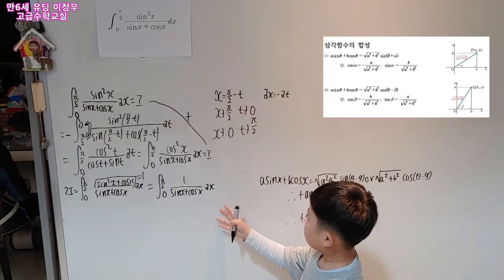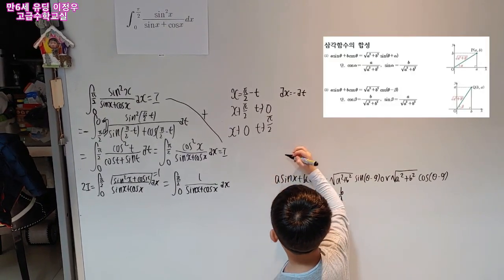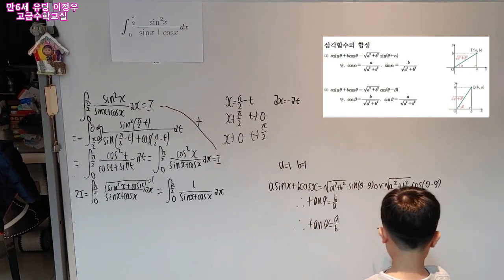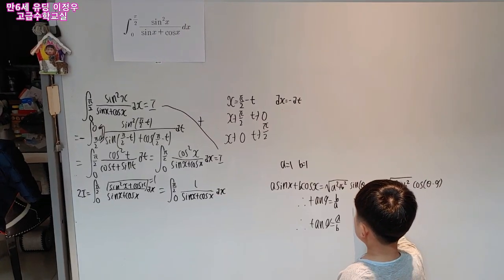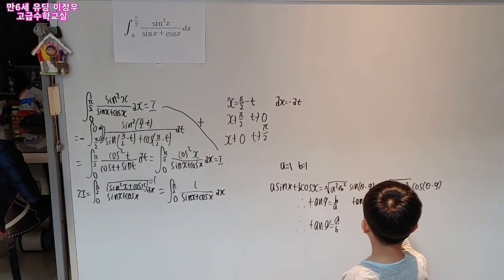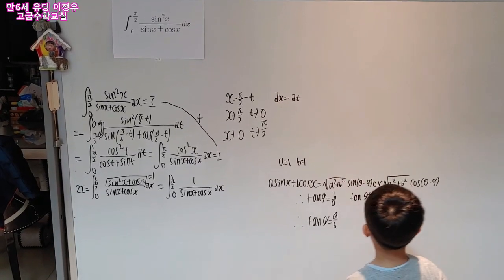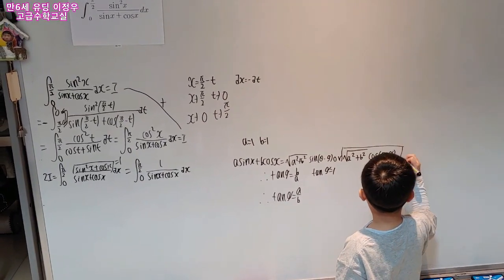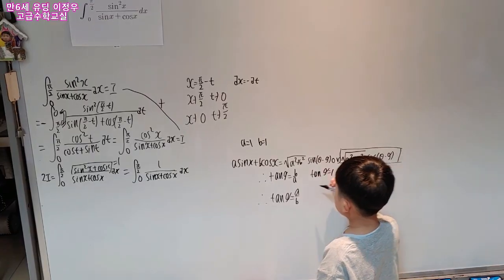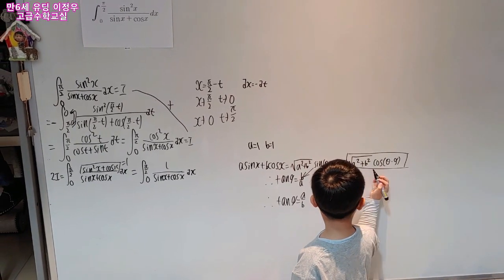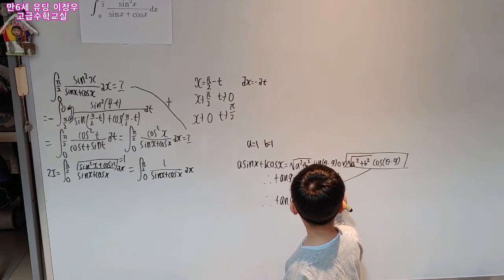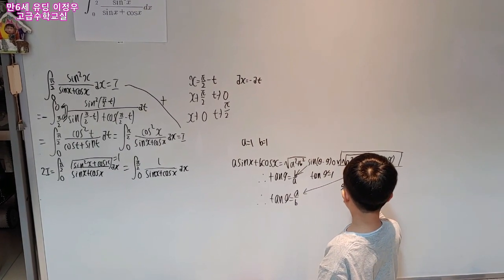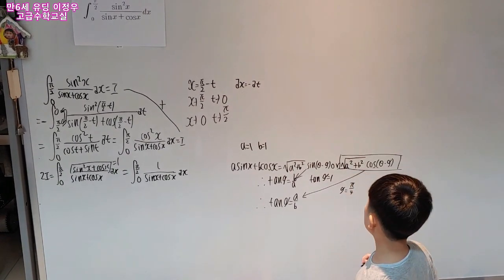And here a goes to 1 and b goes to 1 also. Tangent alpha equals 1 over 1, so this is 1, and theta equals pi over 4.